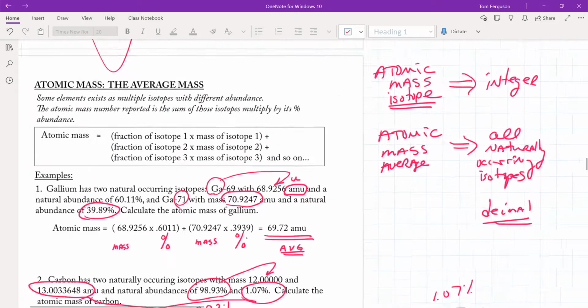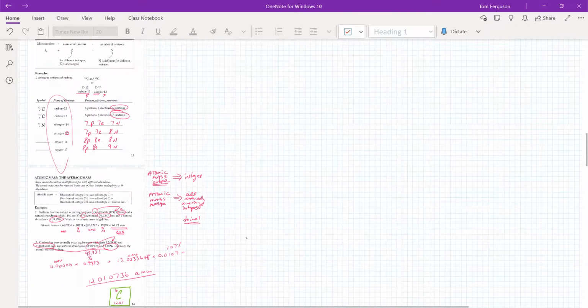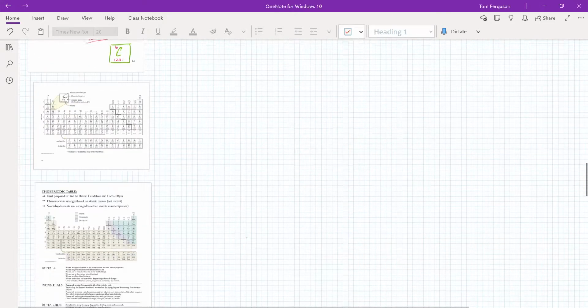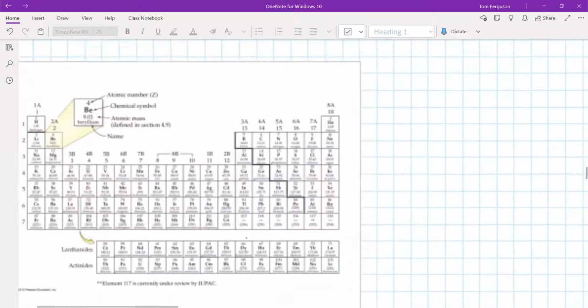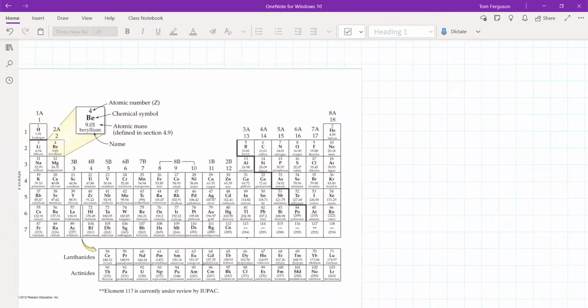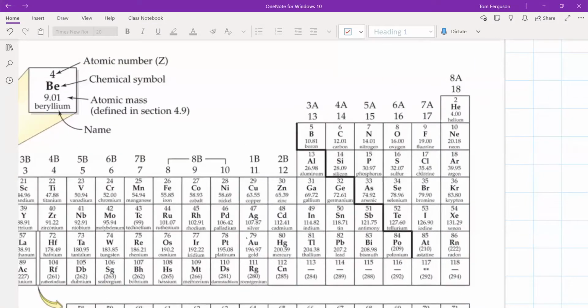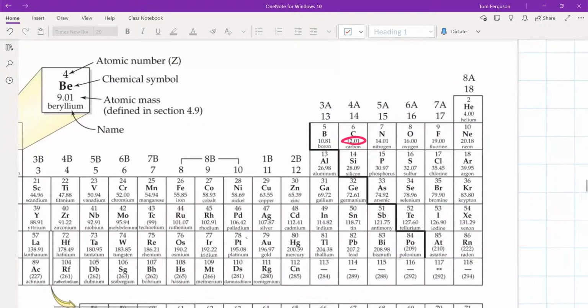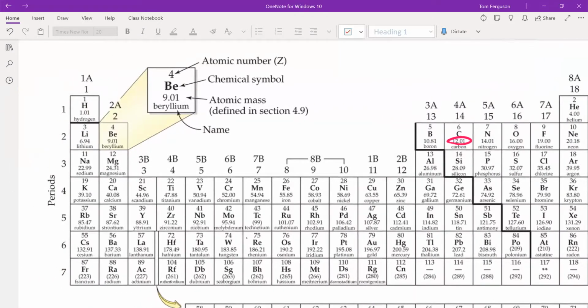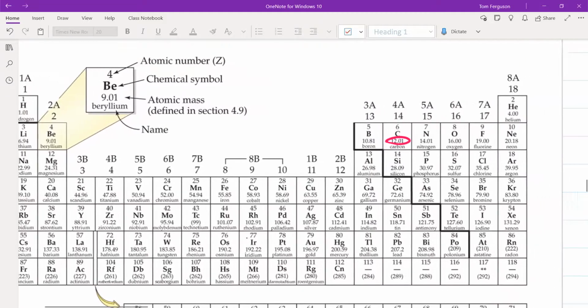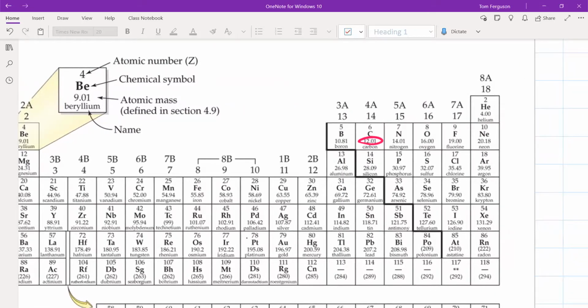So if you look at our periodic table, this one, for example, you can see it is 12.1 here. Okay.